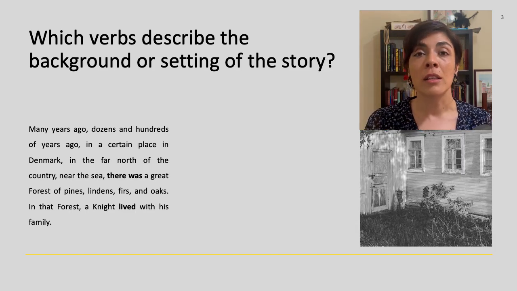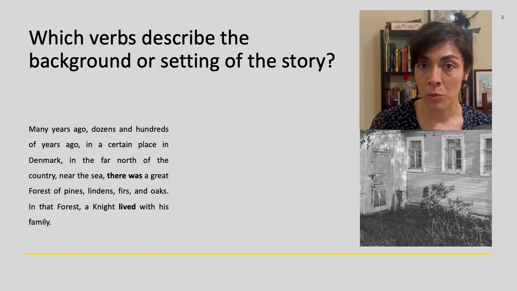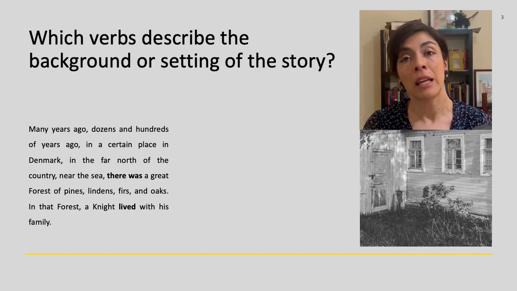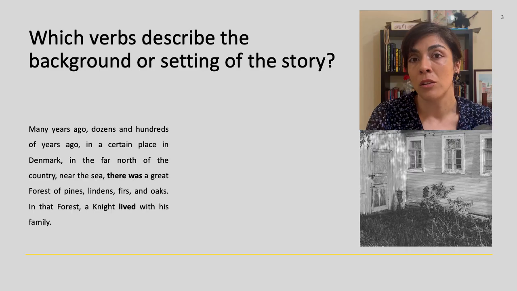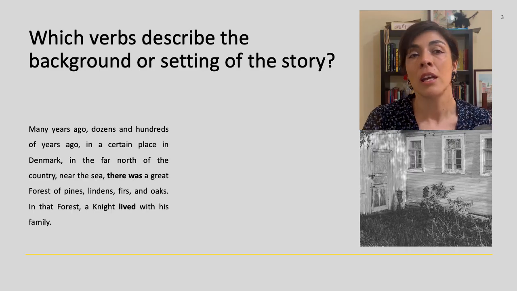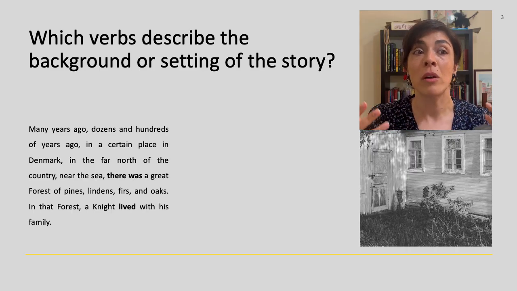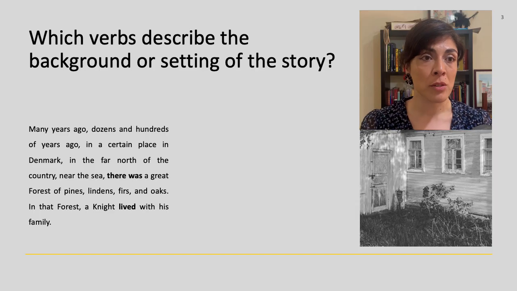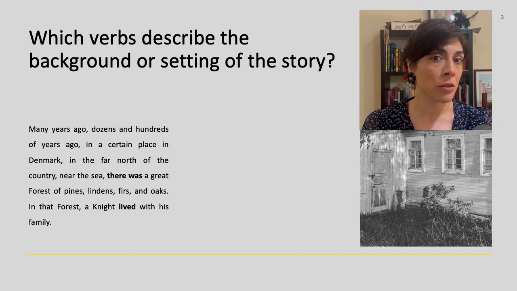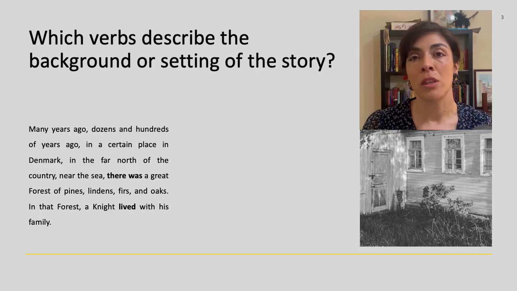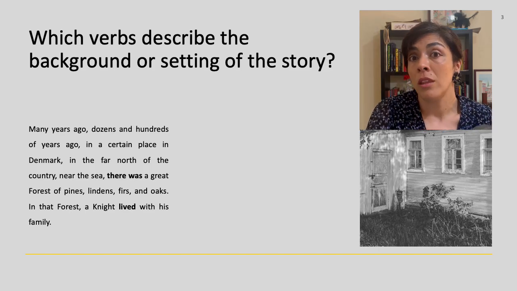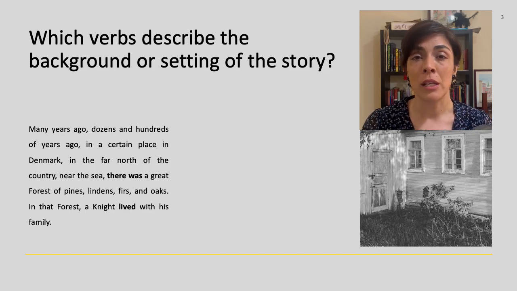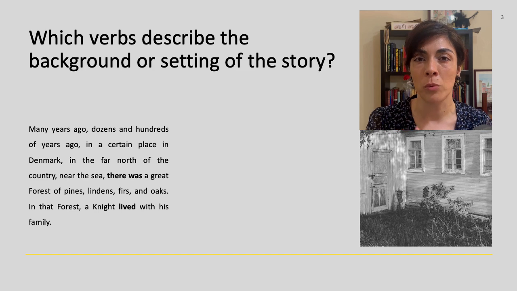Now, the verb that we are focusing on here is there was. There's also a little particularity about this verb in Portuguese, because unlike English, you use the verb to be and another word there to talk about existence. Please remember, what is the verb in Portuguese that is going to be the equivalent to either there is or there are in the present tense, or there was or there were, because in Portuguese it is just one word.